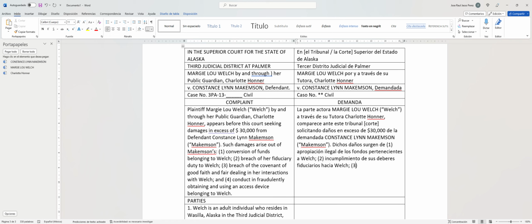Breach of the covenant of good faith and fair dealing in her interactions with Welch. Incumplimiento de la obligación de buena fe y tratos justos en su interacción con Welch.